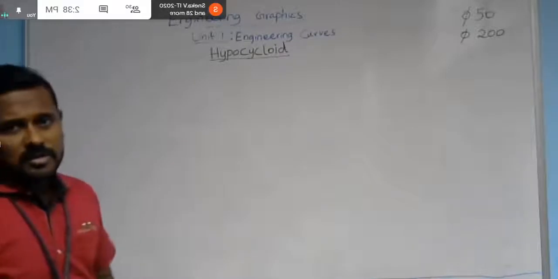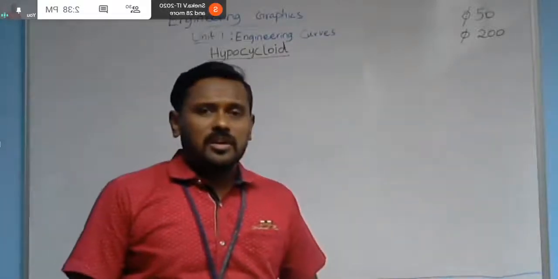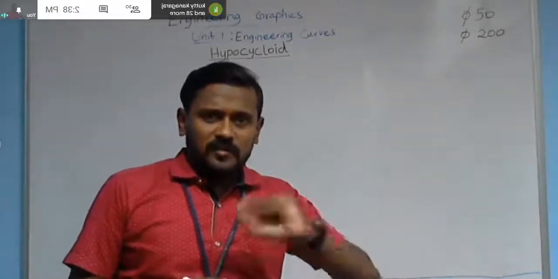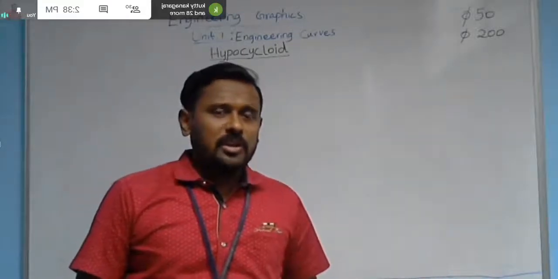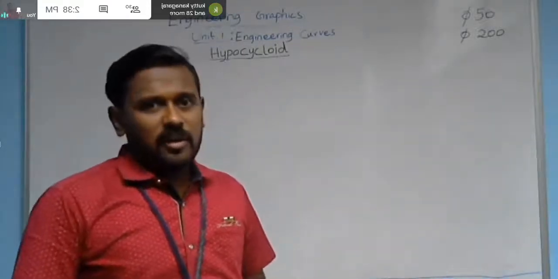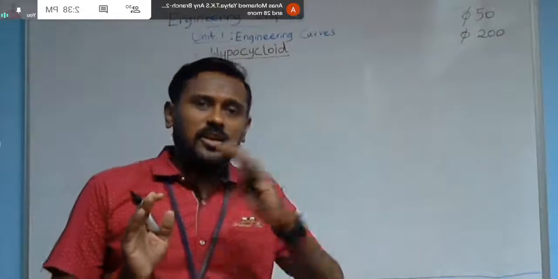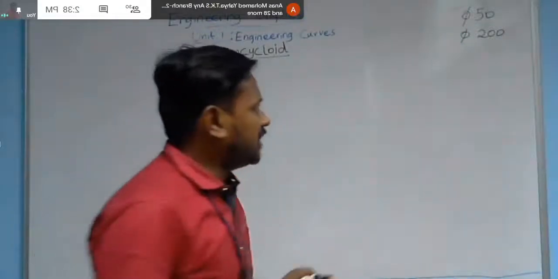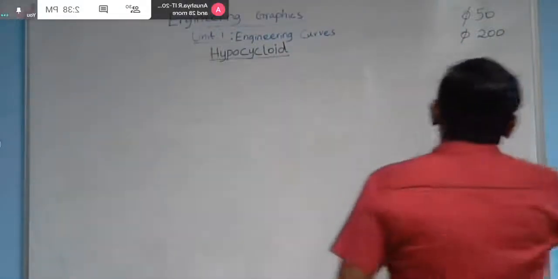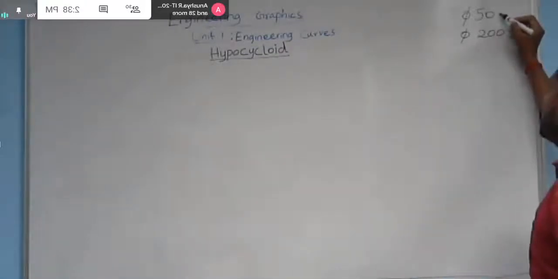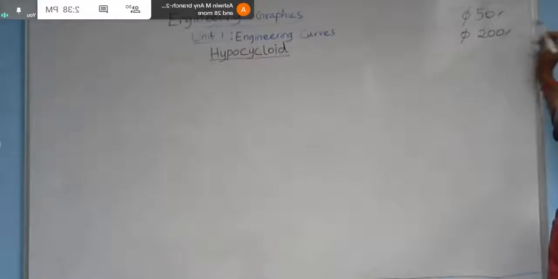First of all, as usual, you need to draw the small arc of the bigger circle. Before that, you can find out the angle for which we need to draw the bigger circle. That is our directing arc. So here, the diameter of the generator circle is 50 mm and the diameter of the director circle is 200 mm.